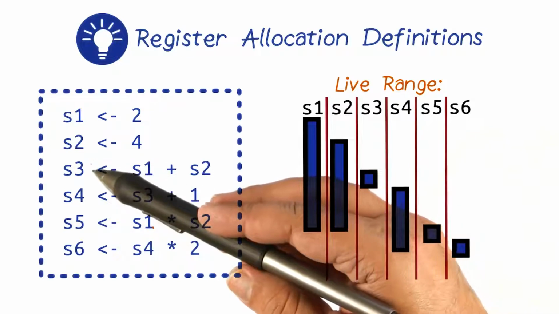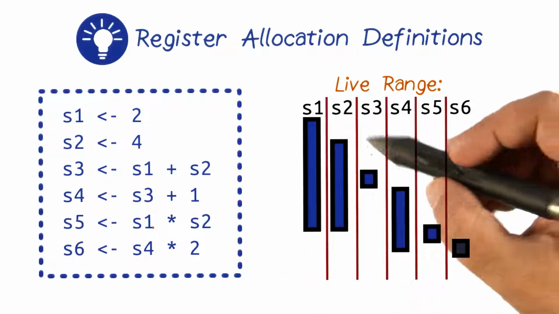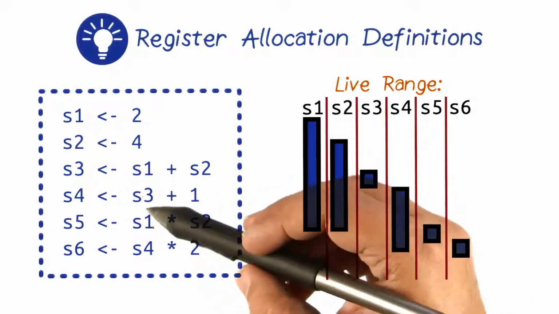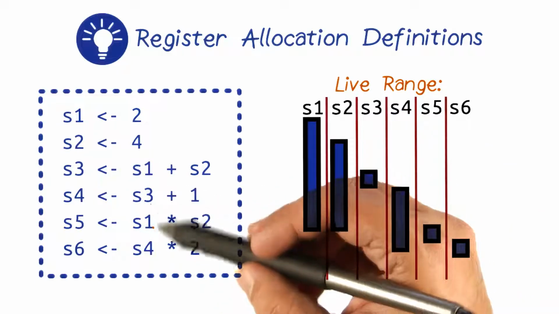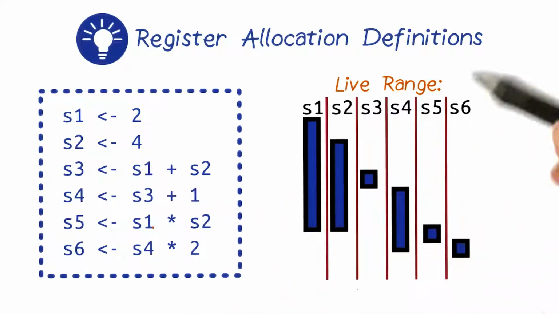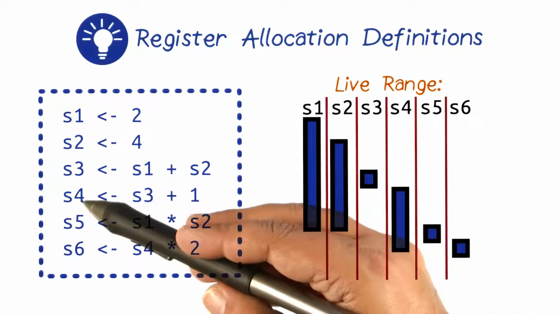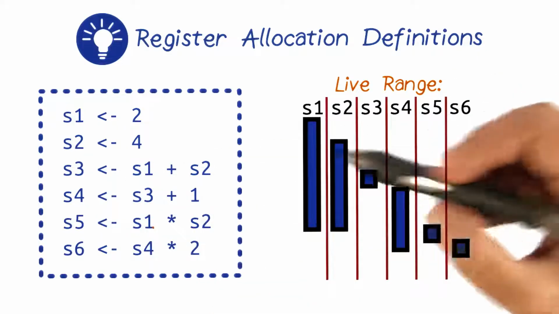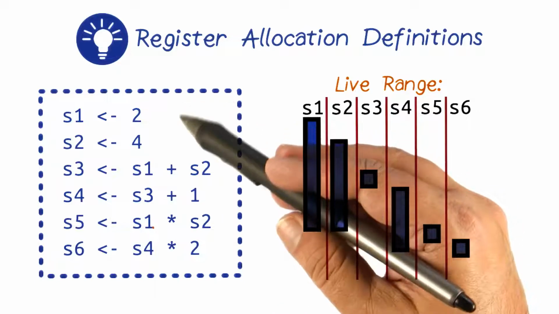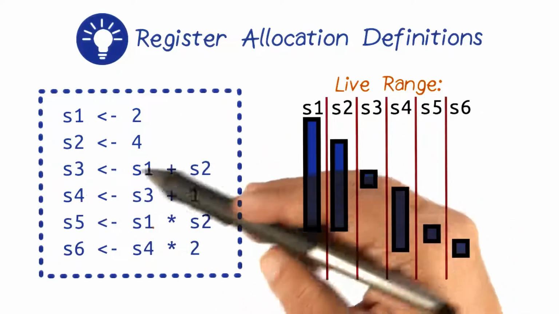In case of S3, you can see that the live range is very short because it starts here and ends right at the next statement, because there is no use of S3 after this particular point. In a similar way, for S4, the live range starts here because there is no value being used in that name before this.